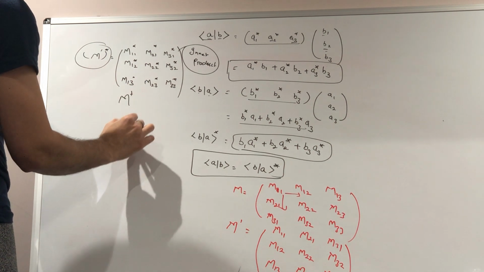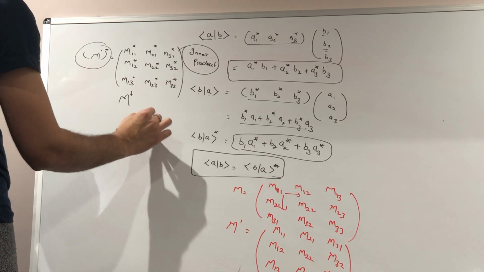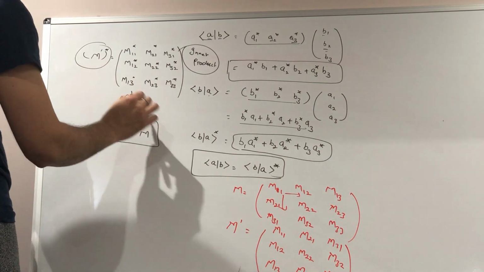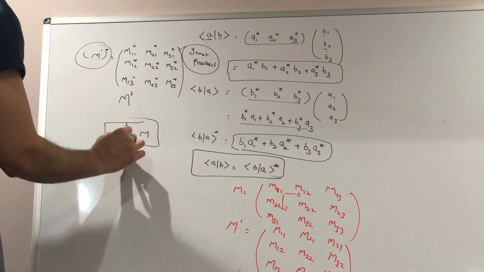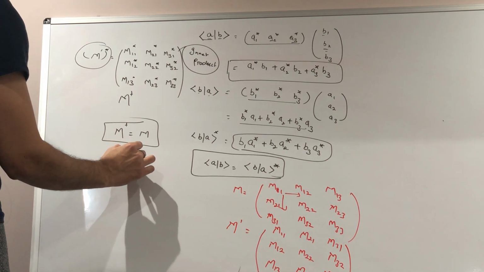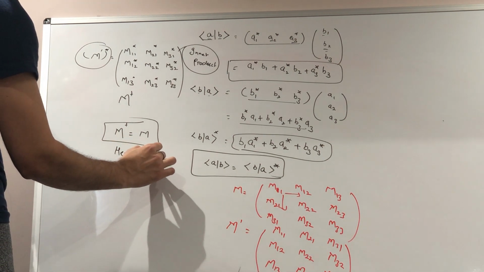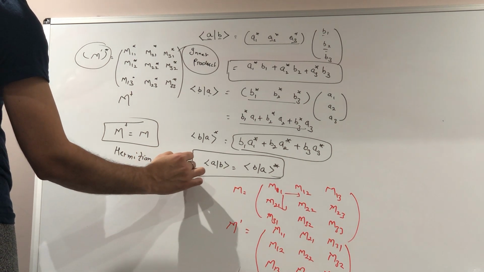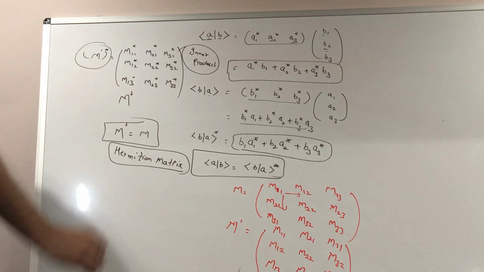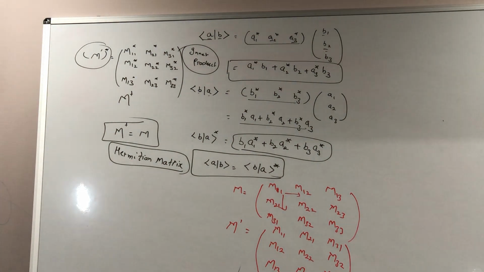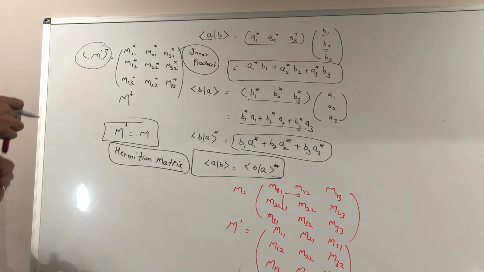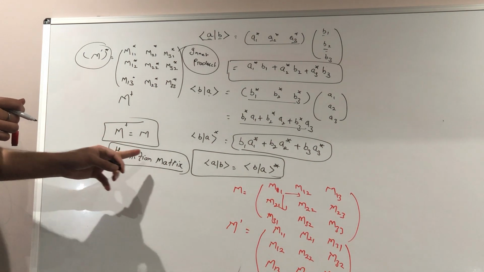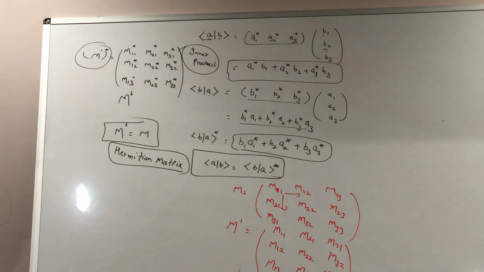If M dagger becomes equal to M, like when I do these two operations, I'm getting back the same matrix, then that matrix is known as a Hermitian matrix. I'm still dealing with the mathematical concept. I have not come to the physics right now. These are a few basic concepts which you need to know: if M dagger becomes equal to M, then that is known as a Hermitian matrix.